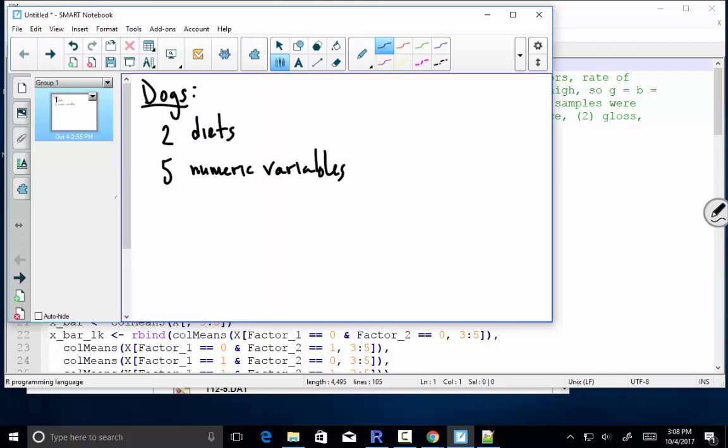Each of these variables are quantifications of different chemical byproducts, like triglycerides and other chemical compounds that are floating around in the bloodstream. And the interest is, what's the difference between these 2 diets in terms of these health indicators?